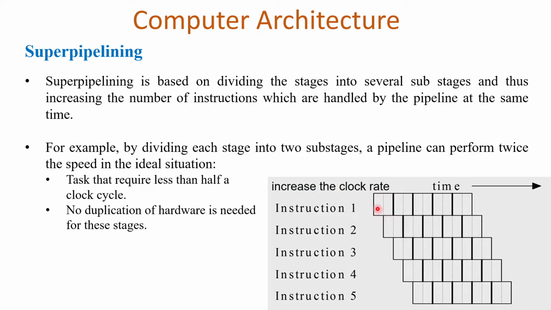And if we are able to do this for all the instructions, then naturally for instruction 2, I don't need to start after completion of the whole fetch operation of instruction 1. Rather, after completion of the first phase of fetch 1, I can start fetching of instruction 2. So basically we are increasing the depth of the pipeline, right?